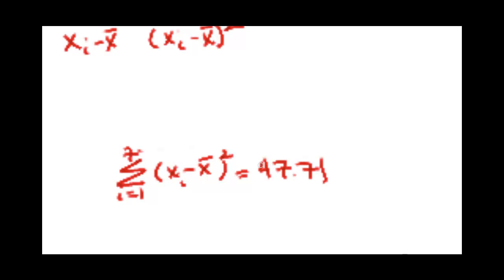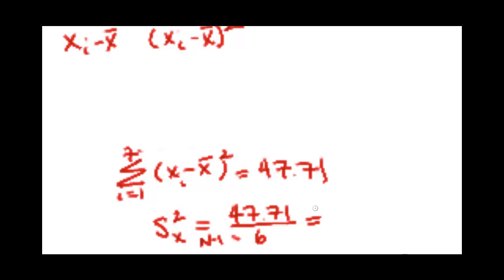And if we're doing the sample, since there's 7, we would take that divided by n minus 1, which is 6.